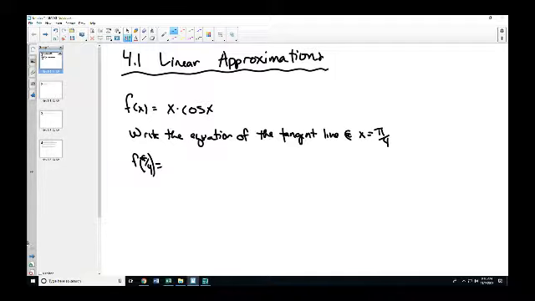As the point, which is pi over 4 times cosine pi over 4, which is pi root 2 over 8, right? So far it's a pre-calculus problem. You've just evaluated a function.